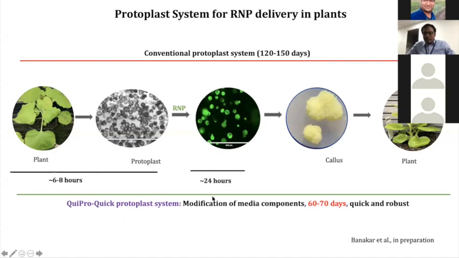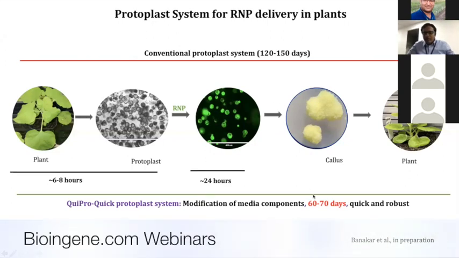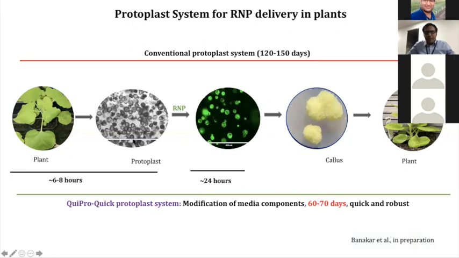So the first thing that we have done is to cut down the protoplast regeneration time from 120 to 150 days in tobacco to 60 to 70 days. So we have a system that is robust, and we also have a system that gives us plants quicker, right? It's all about high throughput and quick.